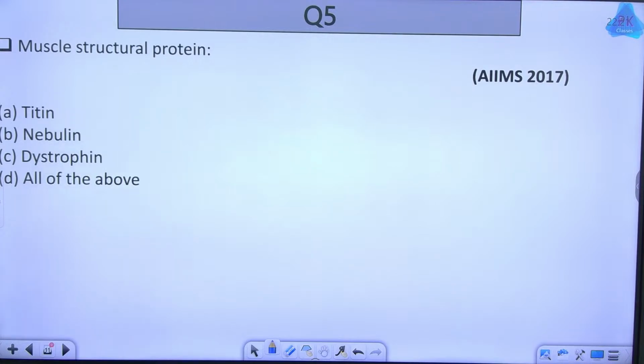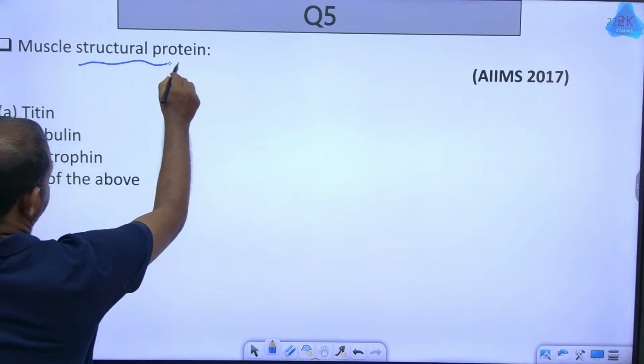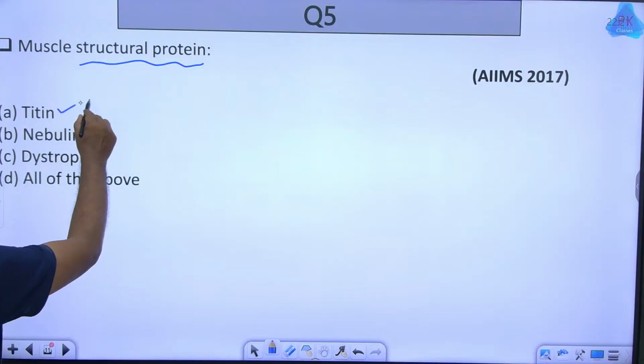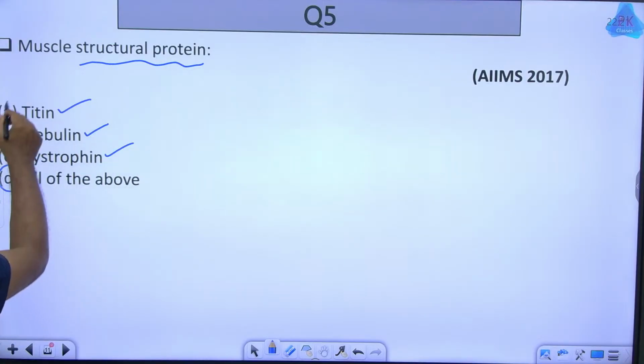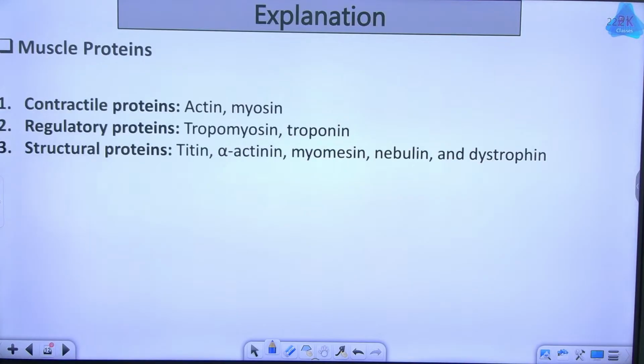Yeah. So muscle structural proteins include titin, nebulin, dystrophin. So all of the above. All of these are structural proteins.